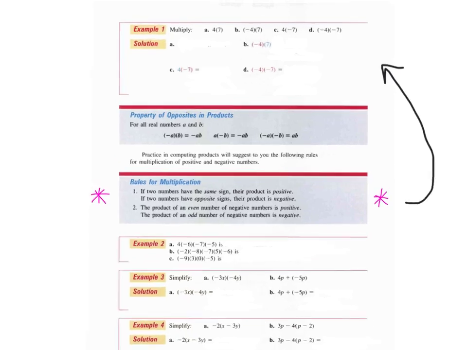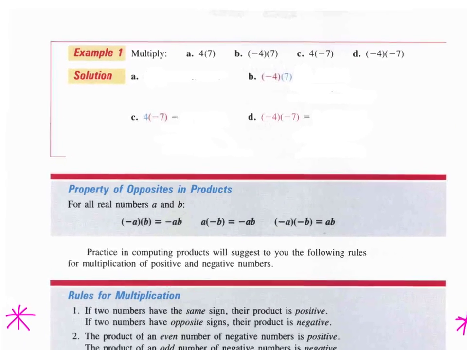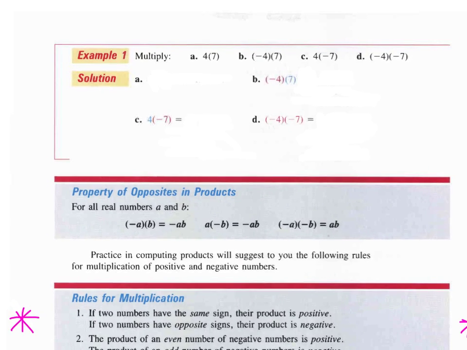So for example, on example 1A, when you multiply +4 times +7, what's a positive times a positive? What sign am I going to get? Positive. And what's 4 times 7? 28. And that's the answer there. And then here, -4 times +7, a negative times a positive gives me a negative.